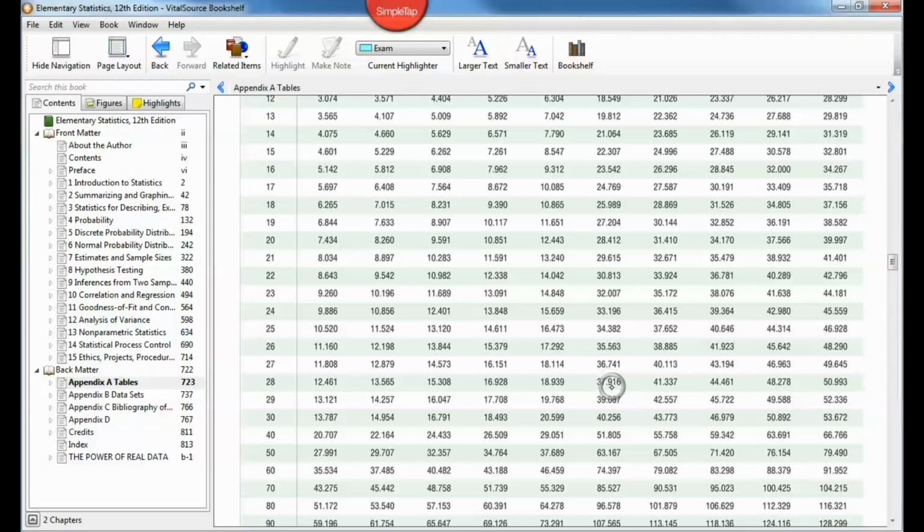Right here. Alright, this is 28. Go across to the correct column. This was the column for 0.1. So my chi-square sub R is 37.916.